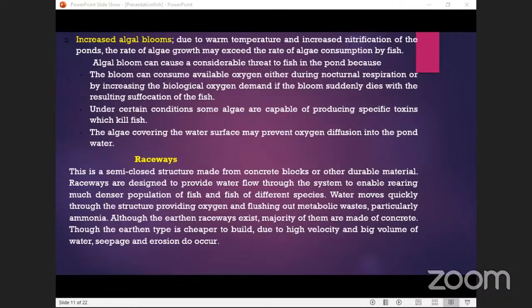Raceways are designed to provide water flow through the system to enable rearing a much denser population of fish and fish of different species. Water moves quickly through the structure, providing oxygen and flushing out metabolic wastes, particularly ammonia.